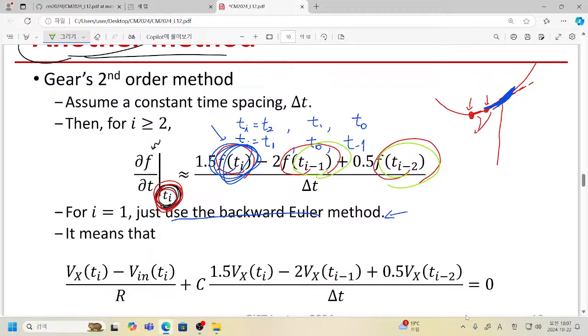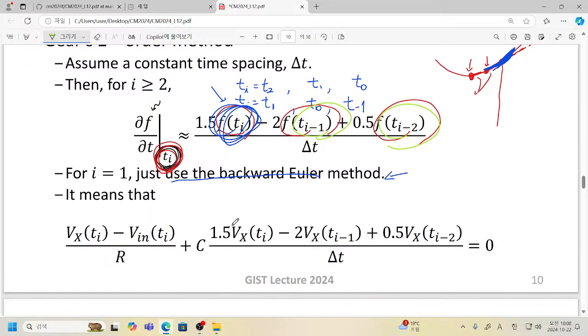So as much as we remember our trajectories in the time axis, it's okay to use this Gear's second method. So our cost of switching to this Gear's second method is quite minimal. However, we can get a much better result out of this one.